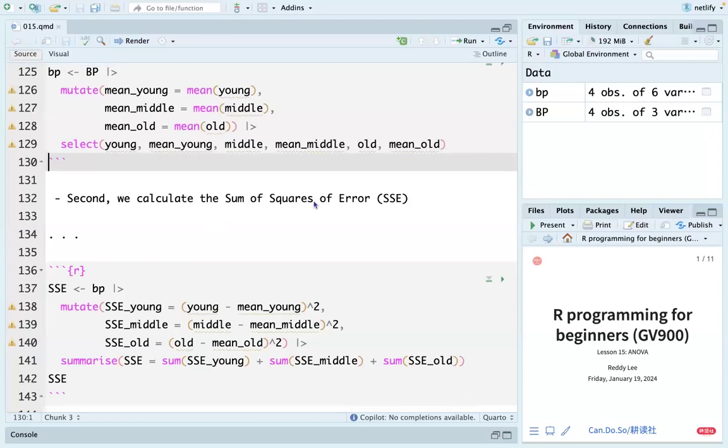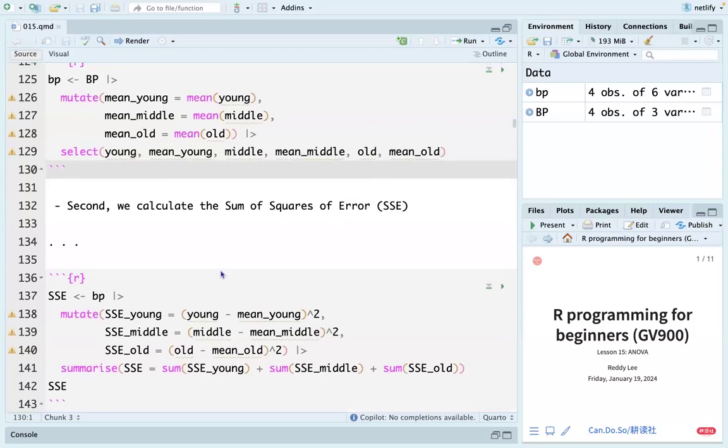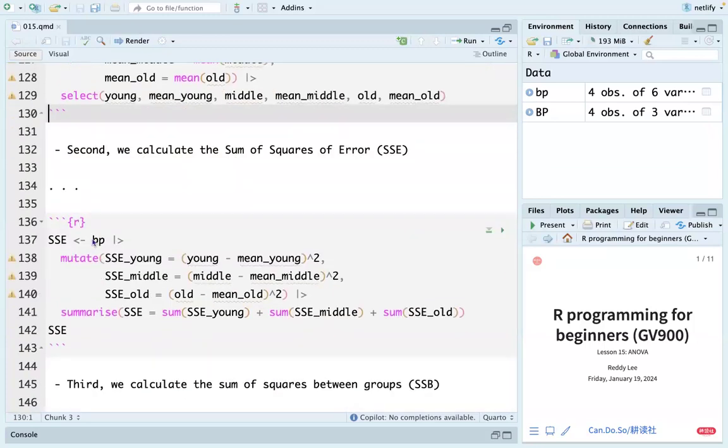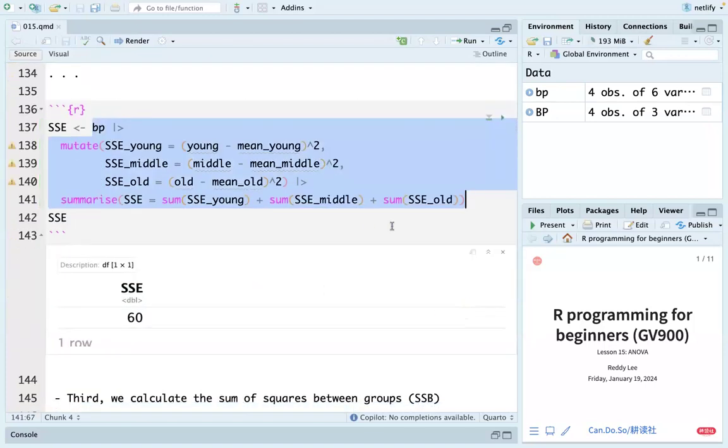And second, we calculate the sum of squares of error, which is called SSE. First, we calculate this.